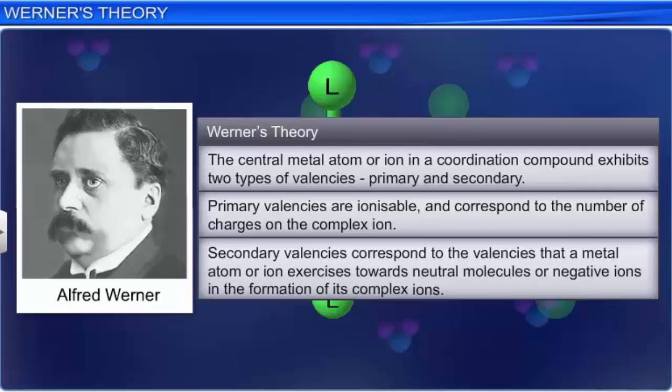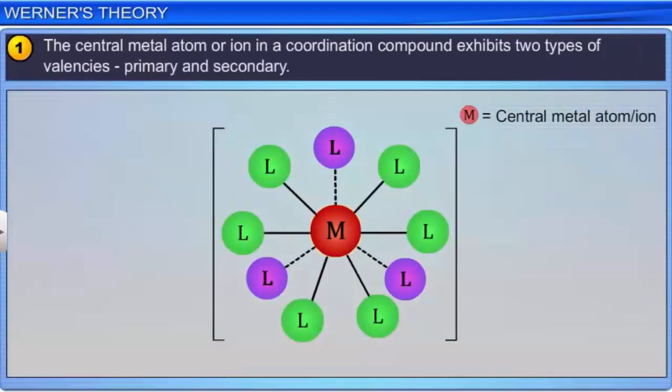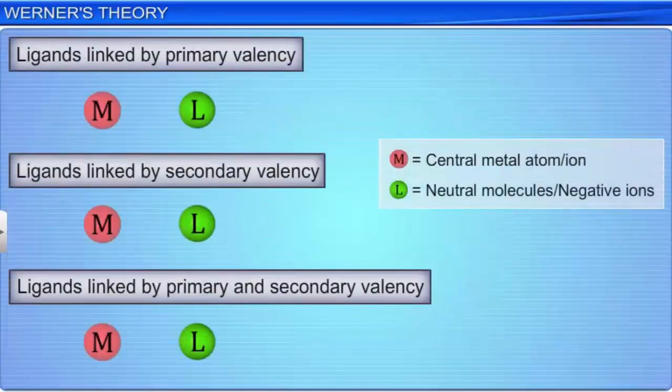The first postulate is that the central metal atom or ion in a coordination compound exhibits two types of valencies, primary and secondary. While writing the structure of the metal complexes, the ligands that are linked by primary valency are shown by dotted lines, while those linked by a secondary valency are shown by thick lines.